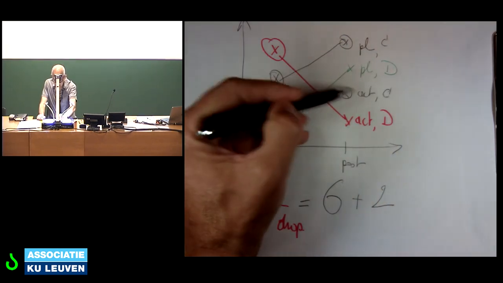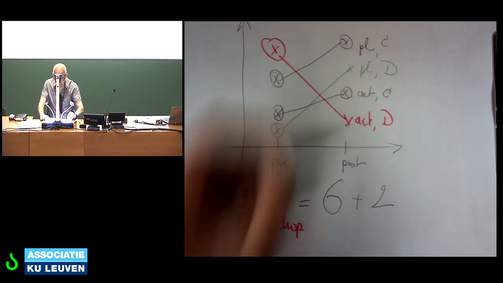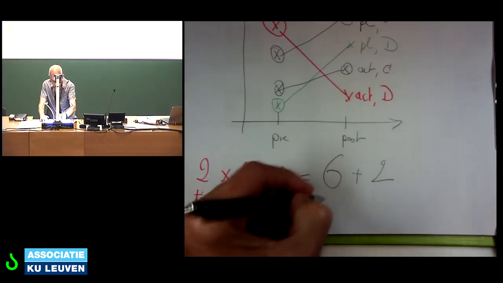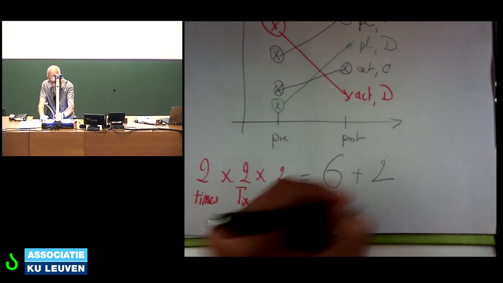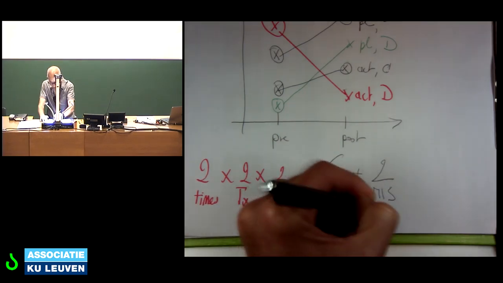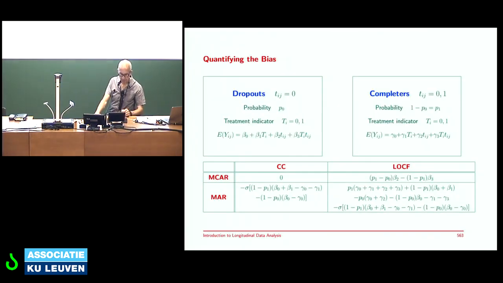But the difference is, this mean is observable, that mean is unobservable. So we have 6 observed degrees of freedom, and we have 2 missing degrees of freedom. Okay, let's keep this model structure in mind. Let's return to our slides.